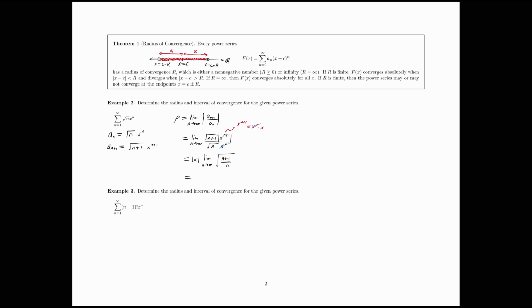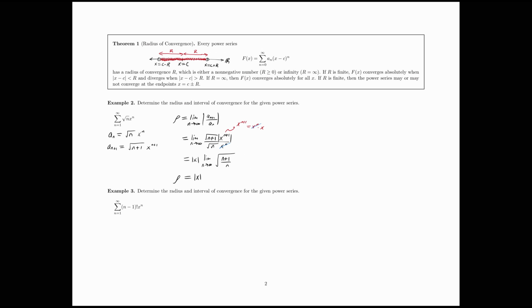Sometimes it's useful because maybe your limit looks a little bit complicated, and if you can simplify things, that helps. So that's just one thing you can do, not necessary. So the limit of this expression is going to be 1 by dominating terms. So 1 times the absolute value of x is the absolute value of x. So we have rho is the absolute value of x.